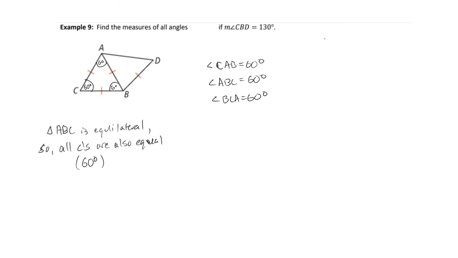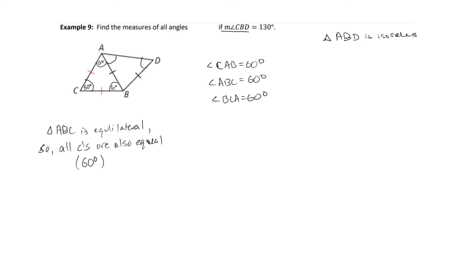Then, let's look at triangle ABD. Well, we see that two sides are congruent. That means the two base angles are also congruent, the opposite angles. So triangle ABD is isosceles. So how do we solve for this?